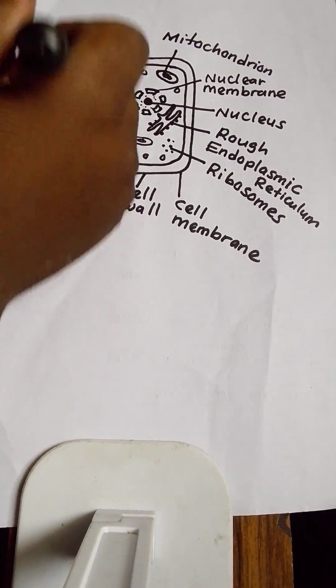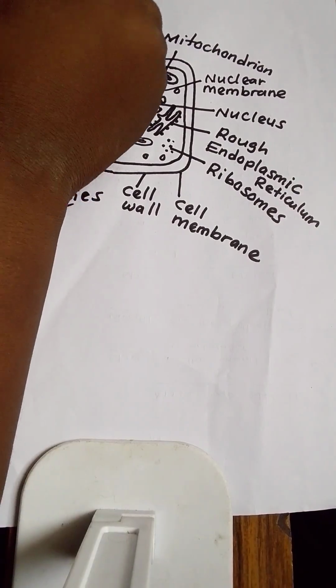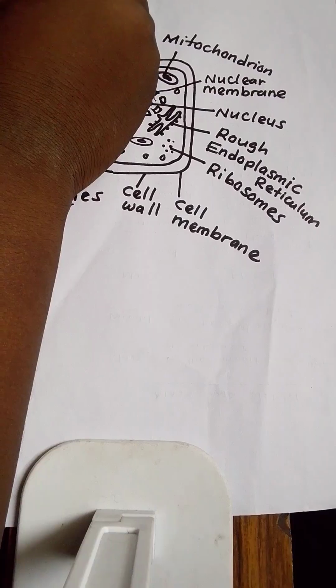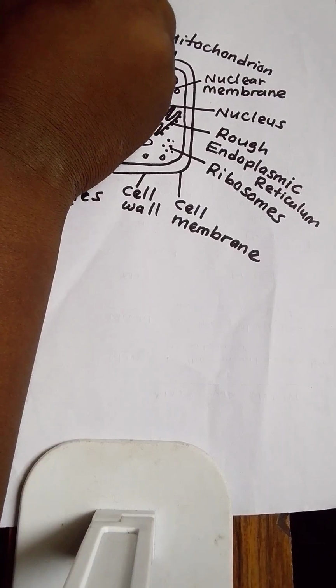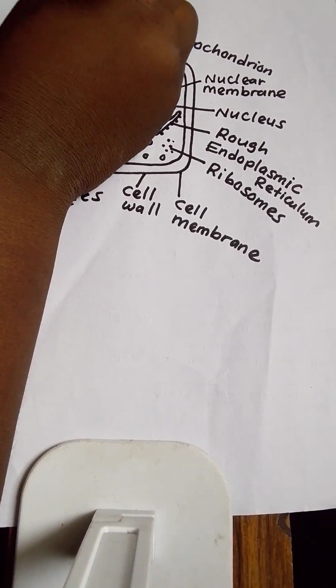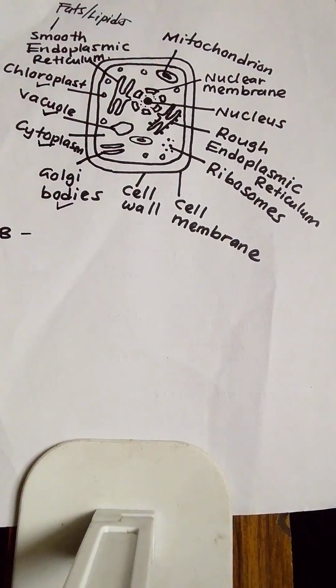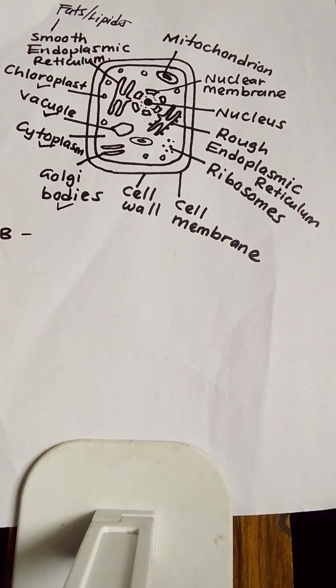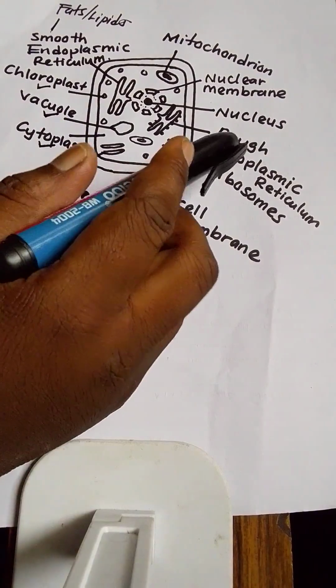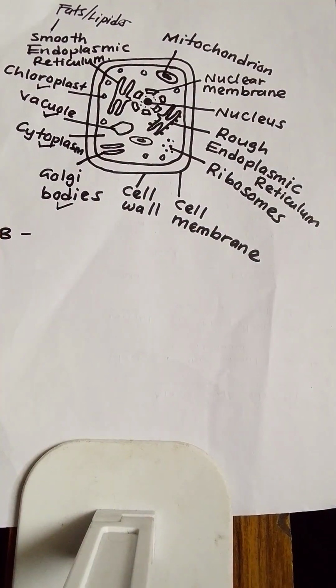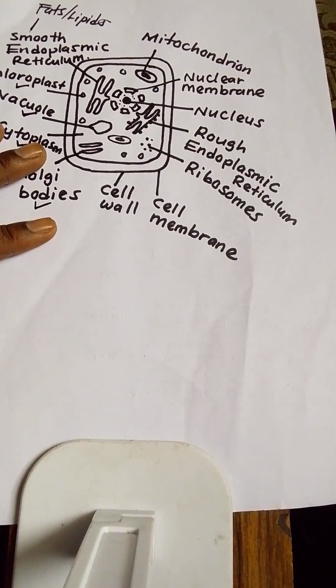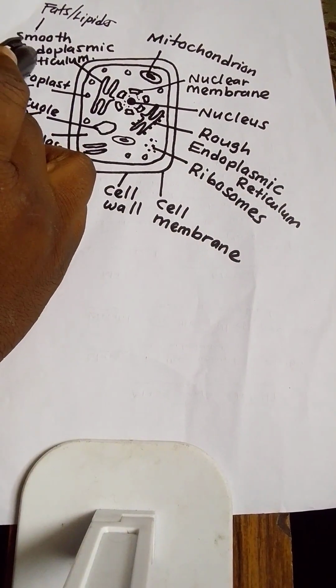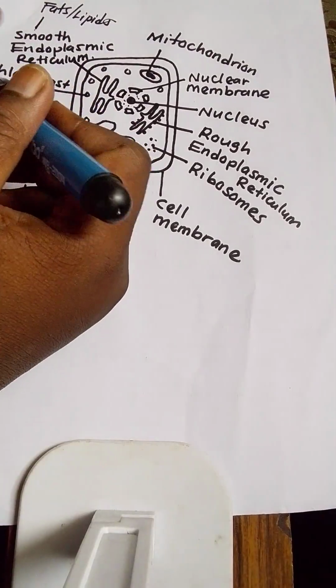Then let's look at the smooth endoplasmic reticulum. The smooth endoplasmic reticulum transports fats or lipids.